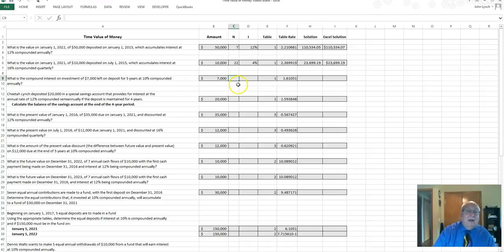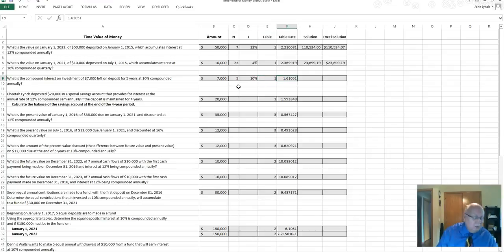Okay, for the next one, what is the compound interest on investment of $7,000 left on deposit for 5 years at 10% annually? Okay. Now this is a little tricky on how it's worded. It looks like it's $7,000 on 5 deposits. Okay, so we have 5 periods at 10% interest.